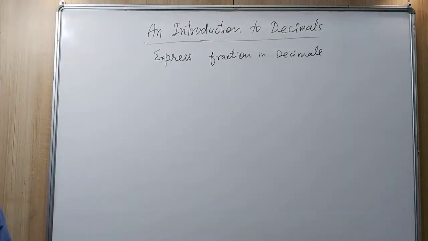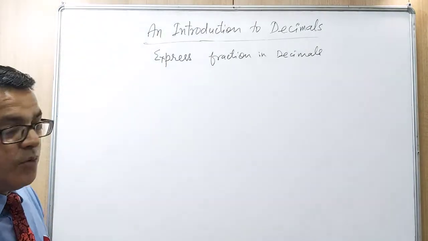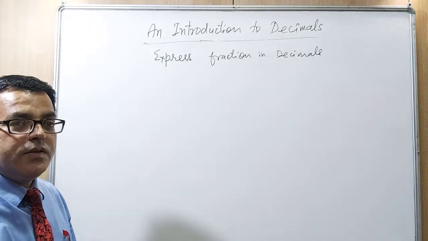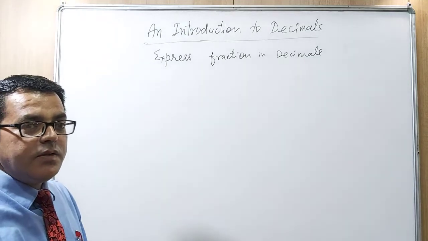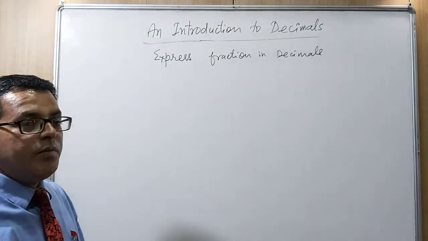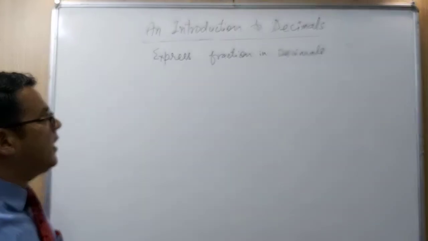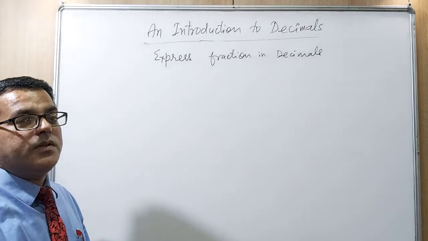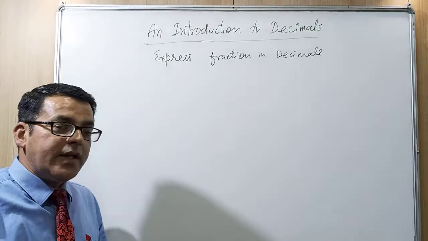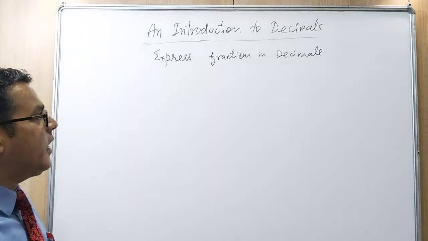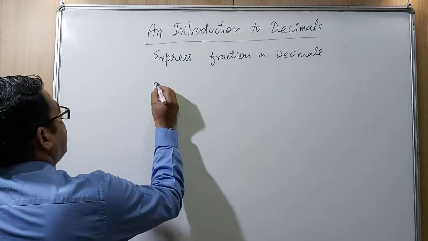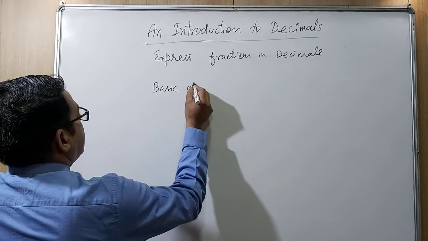And what we learned from today's lesson is what decimal numbers are, how we can write decimal numbers, how we can express any integer in decimal numbers, and how we can express any fraction in decimal numbers. In this lesson we learned this. In the next lesson we will learn how we can use various operations. These are basic operations.